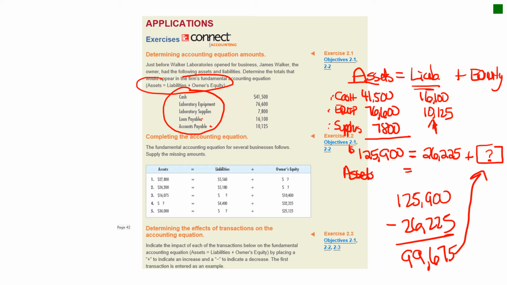That's what you'd put in there for equity. So 99,675, and that's your answer. If you take your liabilities, which is 26,225, and add that to the equity, that'll proof it. That'll make sure that it totals your total assets. So just to start you off, this is how the accounting equation works. It always has to balance.